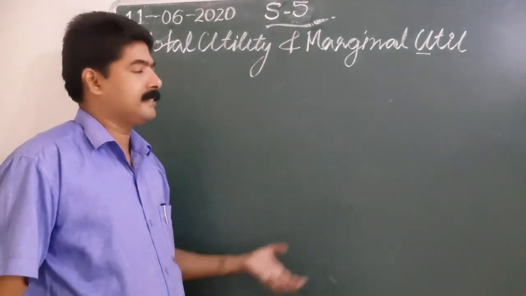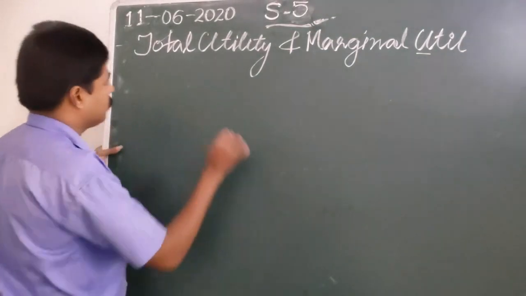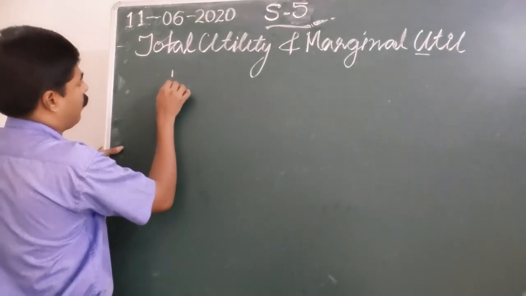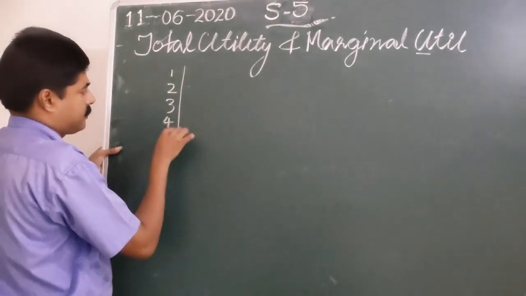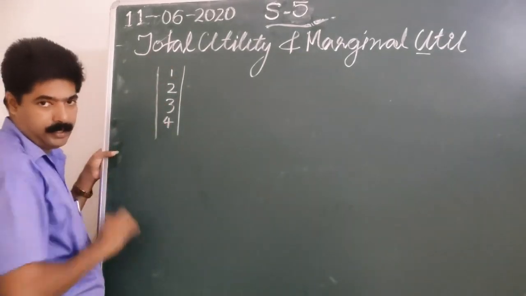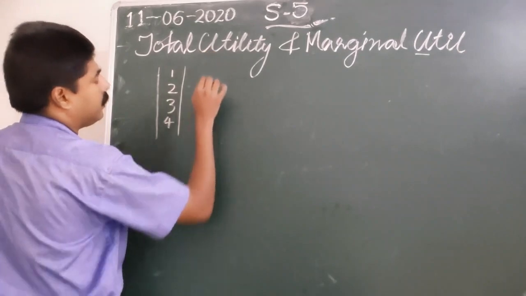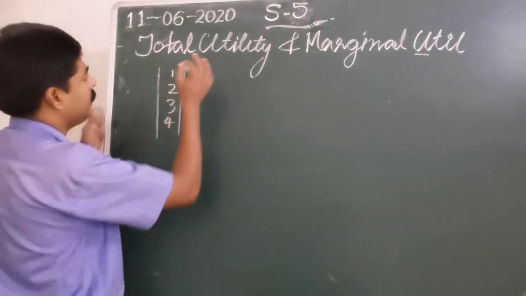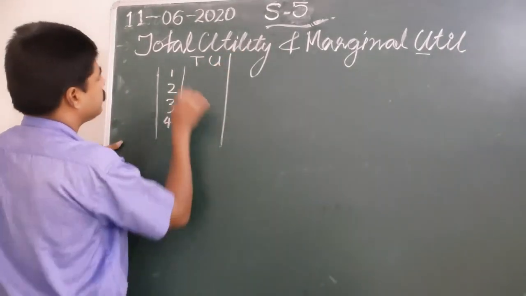Let us take an example. Here I am showing the number of units of a commodity consumed, like 1, 2, 3 and 4 units of one particular commodity. I am writing my total utility, TU.